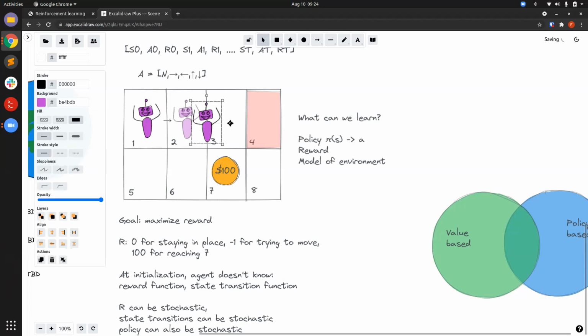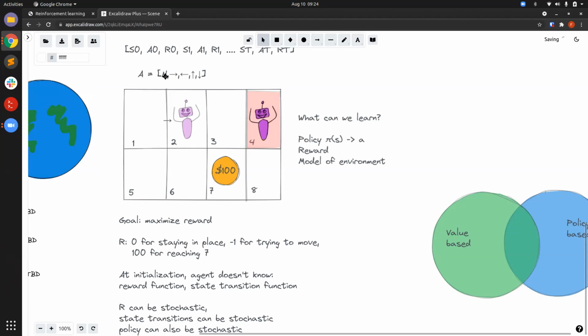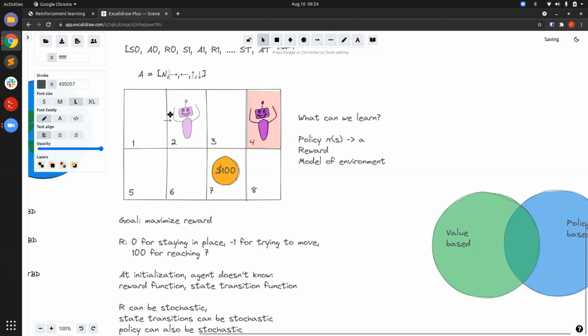So my robot's in state 4. We said that once you're in state 4, you're stuck there. If the robot does nothing, it will earn 0 reward.